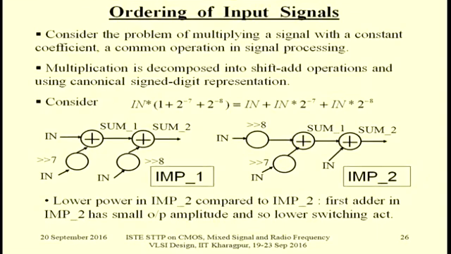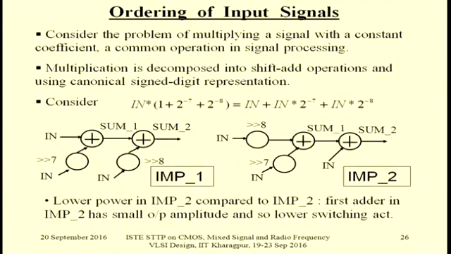Now come to address ordering. This is a very small example, but you see the problem of multiplying a signal with a constant coefficient. If you just change the order, the transition activity can make a difference. Consider this: multiplication is decomposed into shift-add operations using canonical signed digit representation.